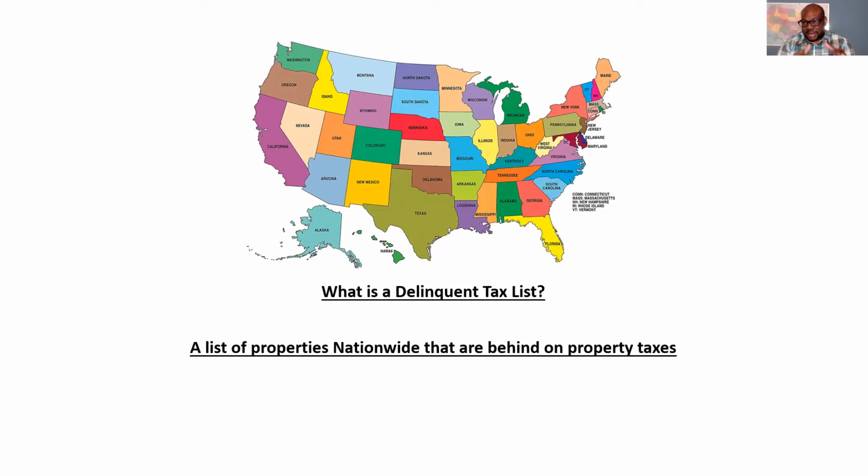Oftentimes, what that's telling you is I have motivation to sell my property. So what it should do for you, whether you're an agent or an investor, is say, if you're targeting an owner, I am behind on taxes and I'm not necessarily interested in this property.